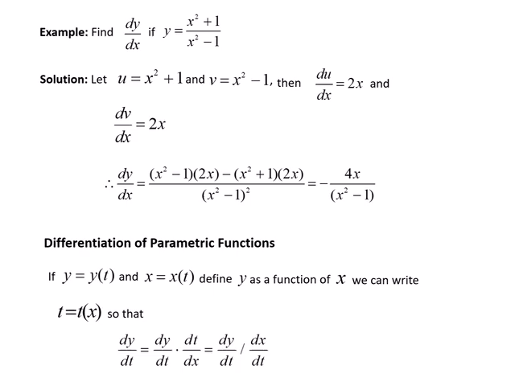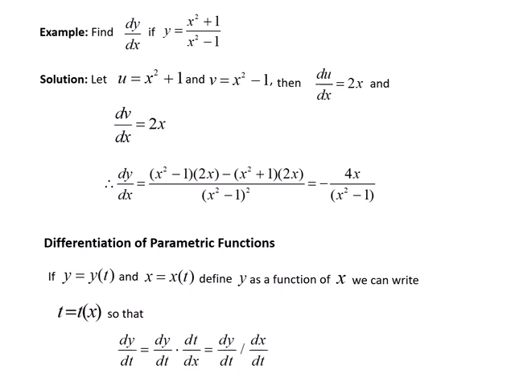Since we are representing this as u and v, we just substitute back into that formula. Where we have u, we substitute the value; where we have dv/ds, we substitute; where we have du/ds, we substitute; and also where we have v squared, we substitute the values.